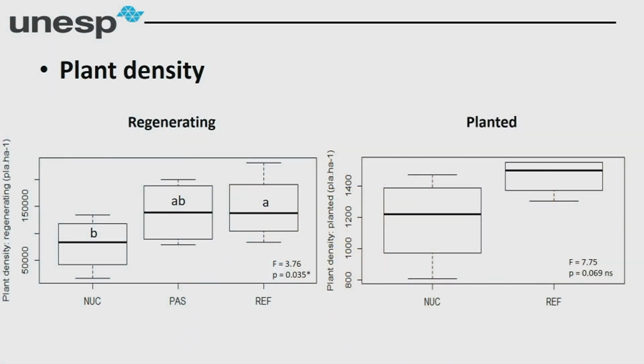Regarding plant density, we separated regenerating species and planted species. So when looking at regenerating species, reforestation had the higher density of individuals, and nucleation had the lowest. When considering planted individuals' density, there was no difference between nucleation and reforestation.